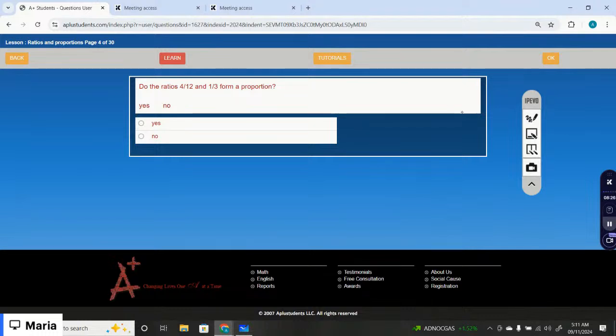The correct option is yes, they form a proportion, right?